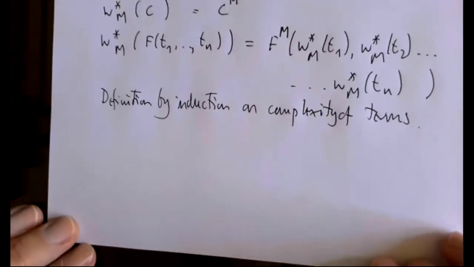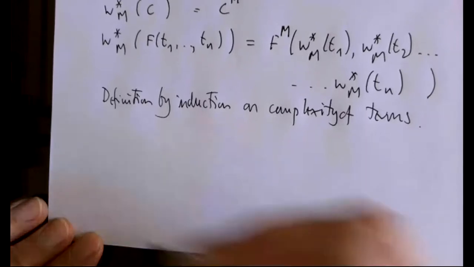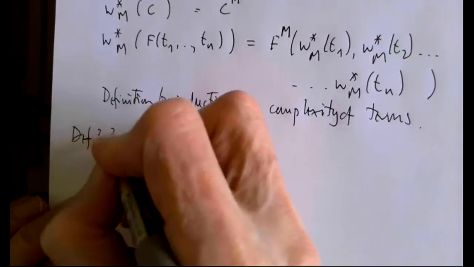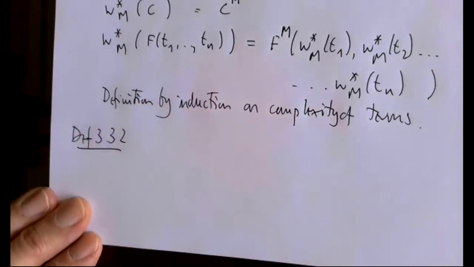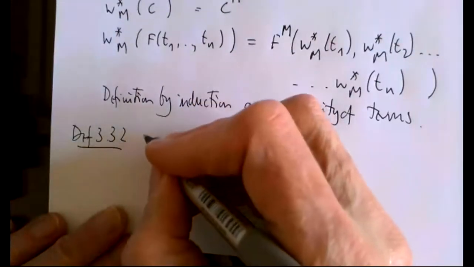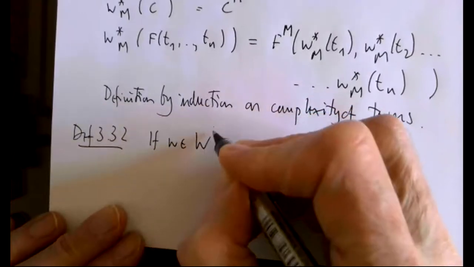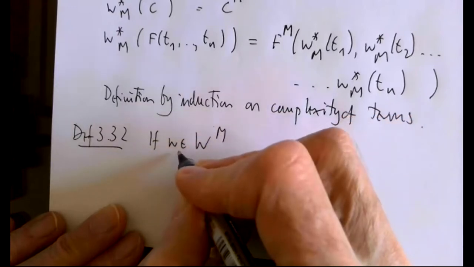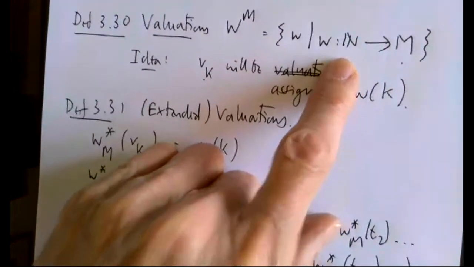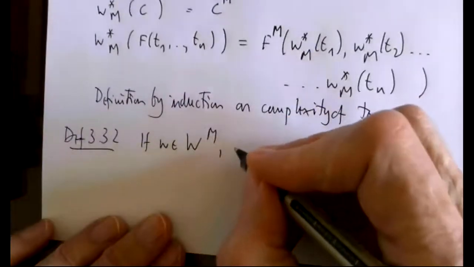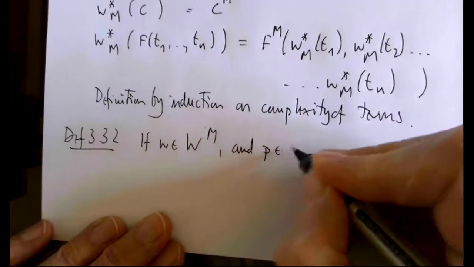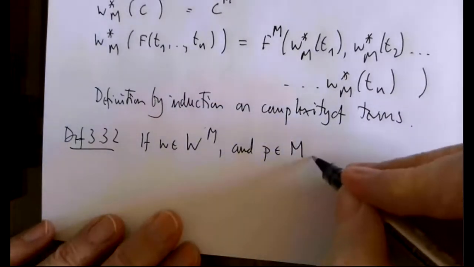And there is a useful device in 332 where we just look at variations. So if I've got a function w that goes from N into M, it's one of these. And I pick an object P, just some object in the structure.